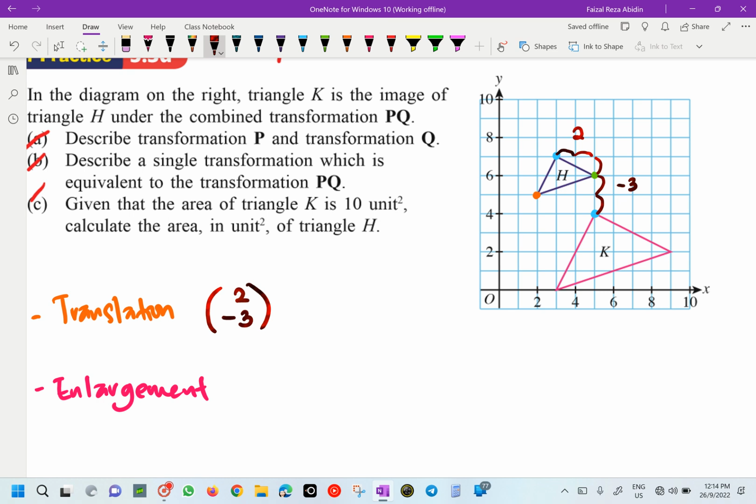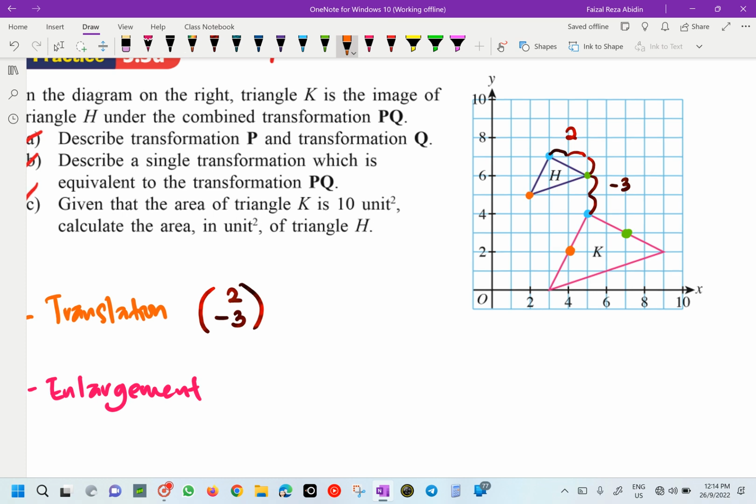enlarge. For enlargement, you are going to have two properties, which are the scale factor and the center of enlargement. So over here, 1, 2, 1, 2, 3, this is my green one. The orange one is 1, 2, 1, 2, 3.